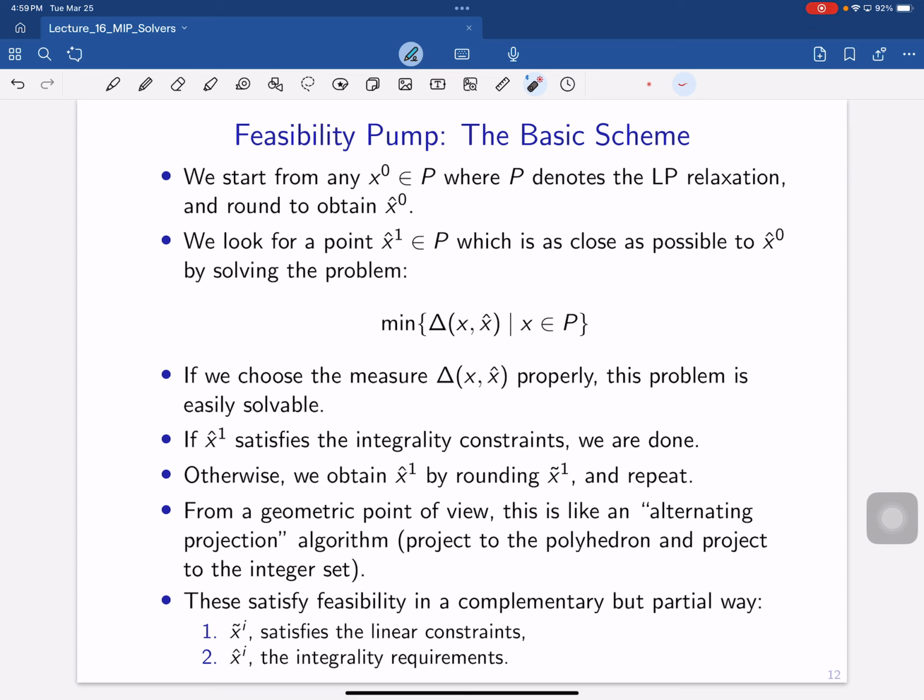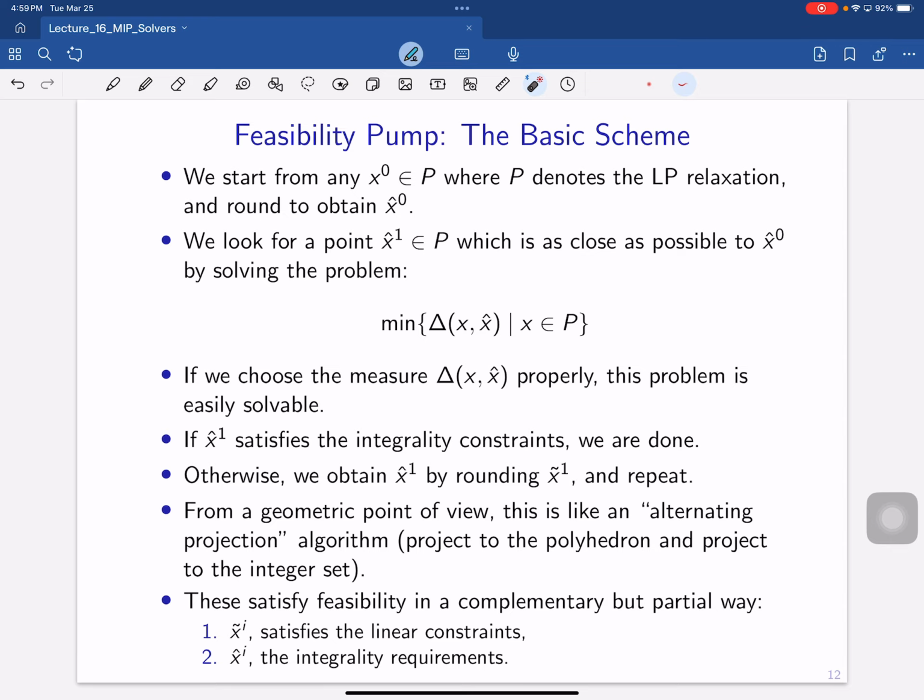After that, the integrality constraint may be violated again. So then you do a rounding to make it satisfy the integrality constraint, and you keep iterating between these two schemes. That's why some people treat feasibility pump as an alternating projection scheme. You first project onto the integrality constraints, then you project onto the linear inequality constraints.